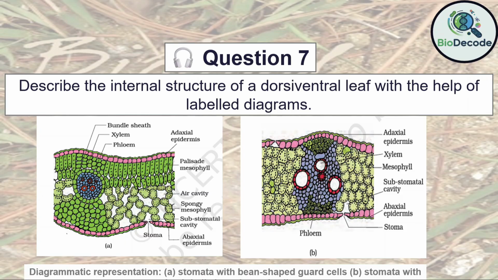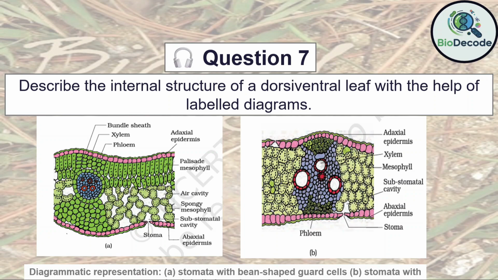The vascular system consists of vascular bundles that can be seen in the veins and midrib. The xylem lies towards the upper surface, and the phloem lies towards the lower surface. Each vascular bundle is surrounded by a layer of bundle sheath cells.